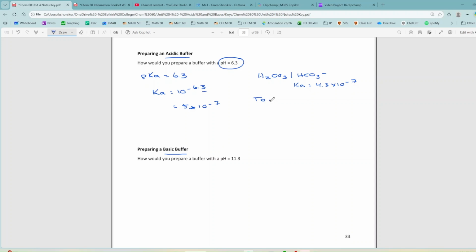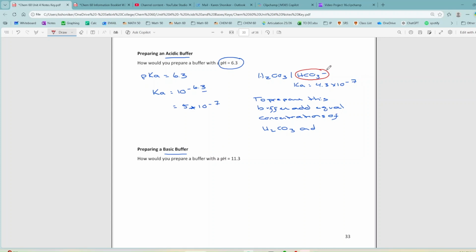So to prepare this buffer, add equal concentrations, oftentimes we'll just say 1 molar, so equal concentrations of H2CO3, and now here's the very important thing, HCO3 minus is your conjugate base, and we need to add it, but it's an ion, and you can't just add ions to solution.